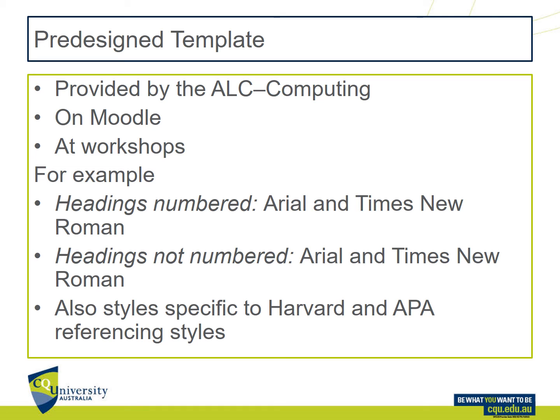So there are styles specific also to Harvard and APA referencing styles, and these are, for example, Harvard Arial headings not numbered, Harvard Arial headings numbered, and also, for example, APA Times New Roman headings numbered, APA Times New Roman headings not numbered. Click now to go to the next slide.